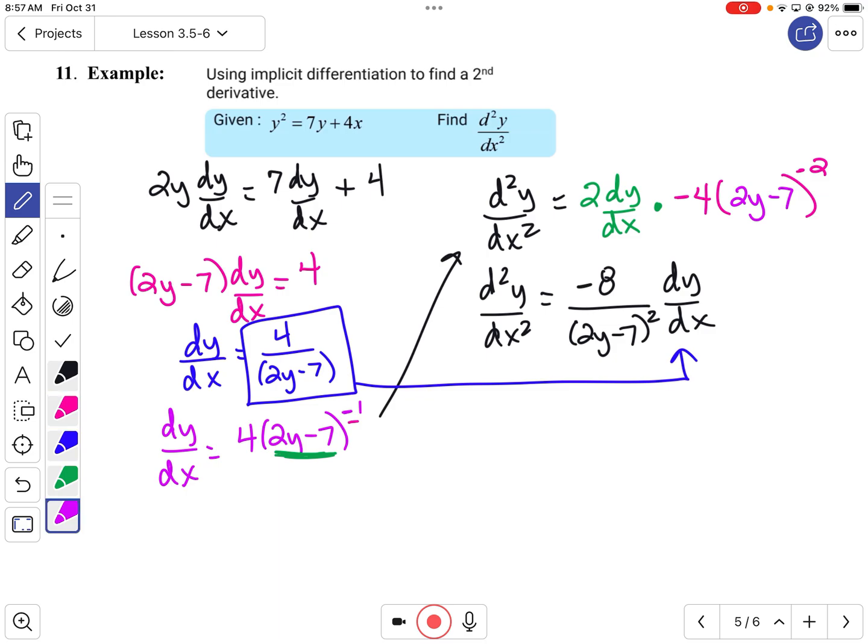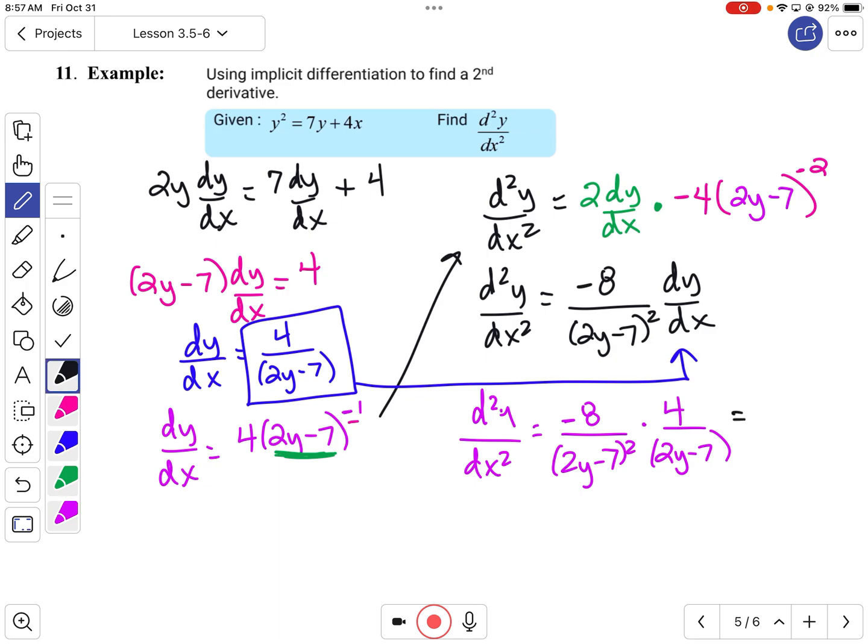So now I have d squared y dx squared is equal to negative 8 over (2y minus 7) squared times 4 over 2y minus 7. So my second derivative, if I simplify that, negative 8 times 4 would be negative 32. And then I have 3 of those 2y minus 7s, so to the third. And that is my second derivative.